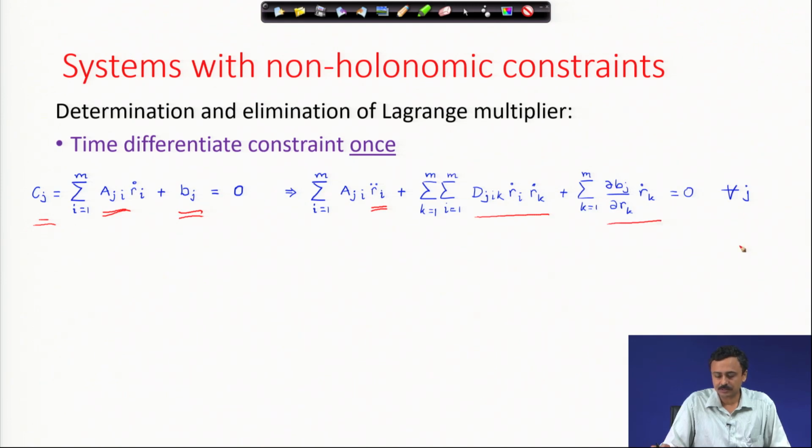Now, this occurs for each j, for each constraint this happens. Do not worry about this complex form. What is d_jik? It is nothing but the derivative of a_ji with the coordinate k. So, del a_ji del r_k.